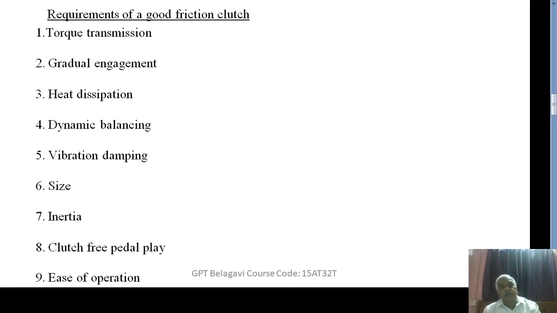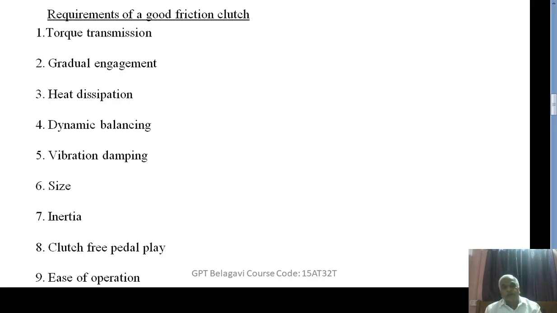Third one, the heat dissipation. In this friction clutch, the power is transmitted from one shaft to the other shaft with the help of friction. Because of this friction, heat is generated. The amount of heat generated in the clutch unit depends upon the number of contact surfaces.